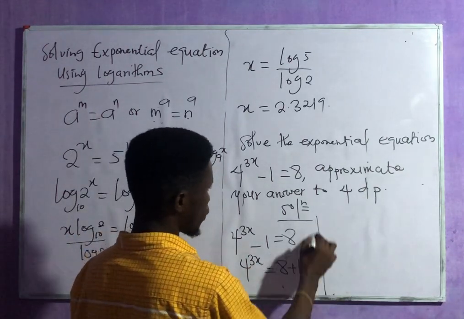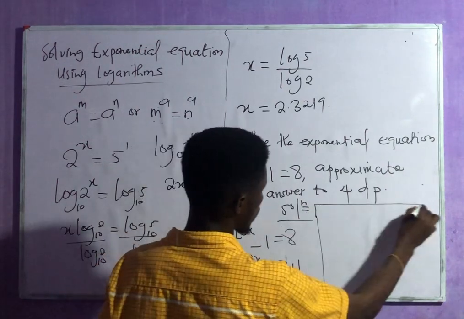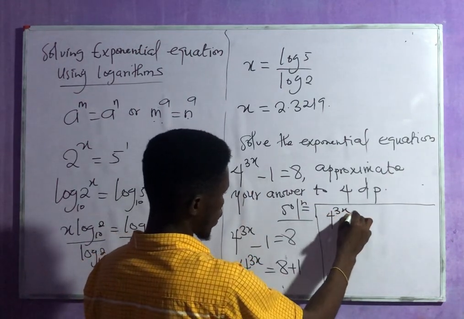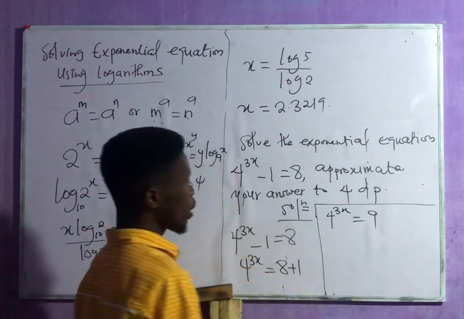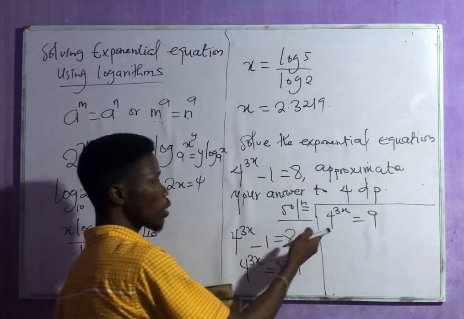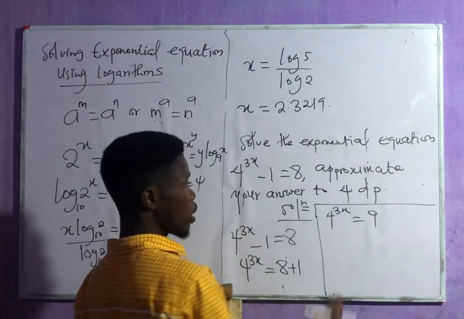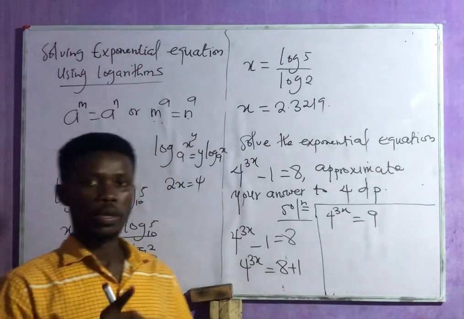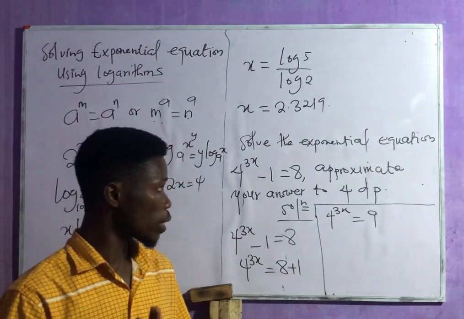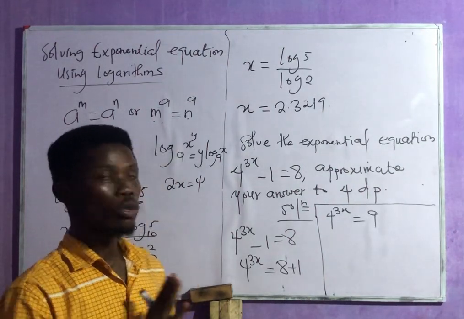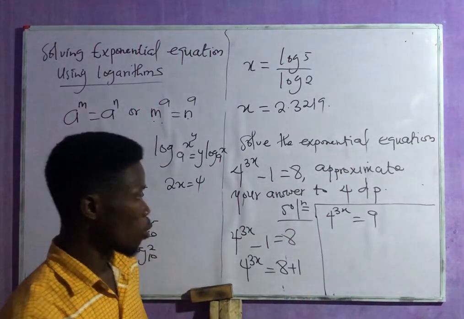So here, 4 to the power 3x is equal to 9. Now, let's check if you can make the base here and that of the base here the same. There is no way. What of the powers? Can you make the powers the same? No. When you find yourself in such situations, what you do is take log on both sides.